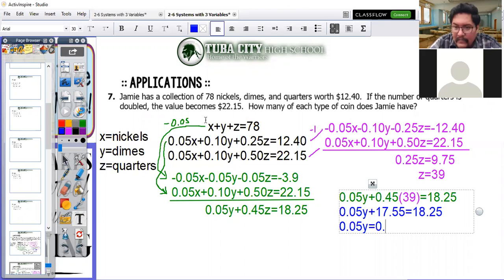Yeah, I guess that looks plausible. So in this case here, Y is the number of dimes. So let's see if this is very likely. And that would be 14. So in this case here, we have 14 dimes. And I guess that's what it is. It is what it is.